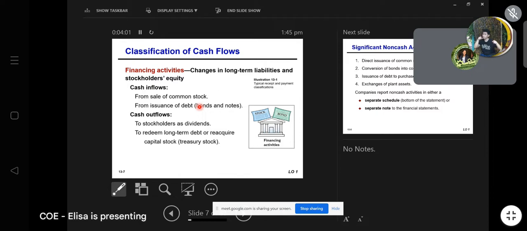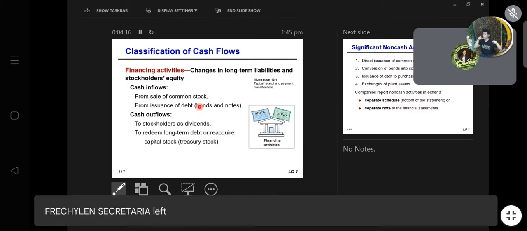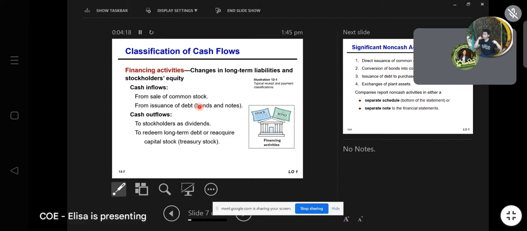So these are sale of common stock to outside investors. So muna siya cash inflow from sale of common stock or from issuance of debt funds and notes. So instead, kaning ikaduha nga option, issuance of debt funds and notes.